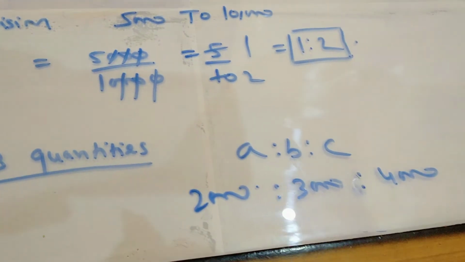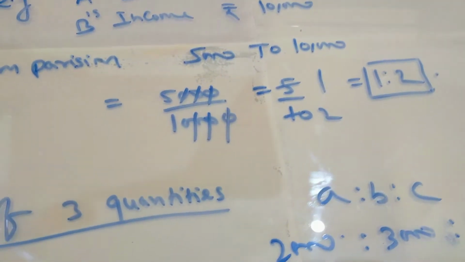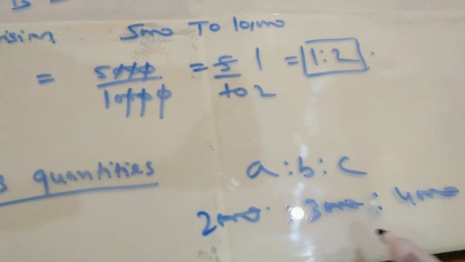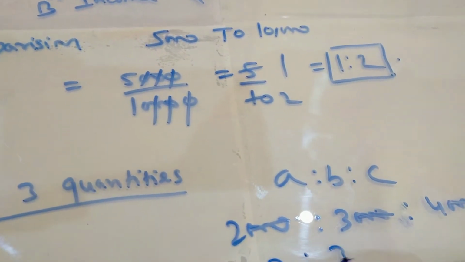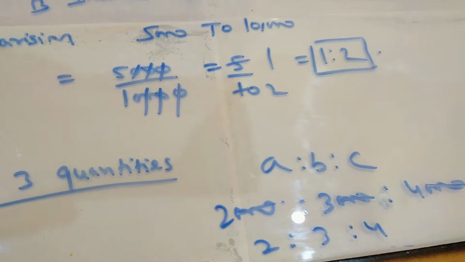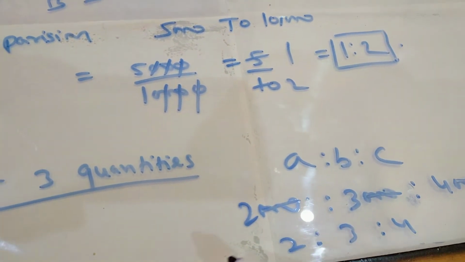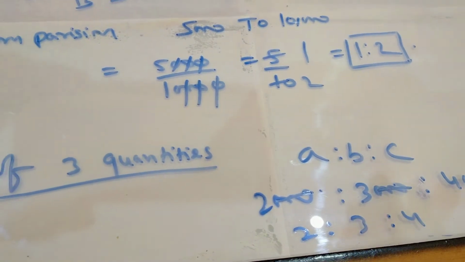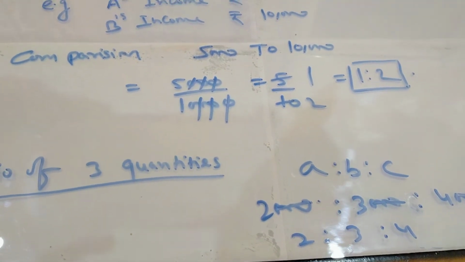These three quantities, the common portion has to be cancelled out here. This 30, 30, 30 is cancelled here. So you can write 2 is to 3 is to 4. If anything more is common, we have to cancel it out. So this is the way to start the ratio.